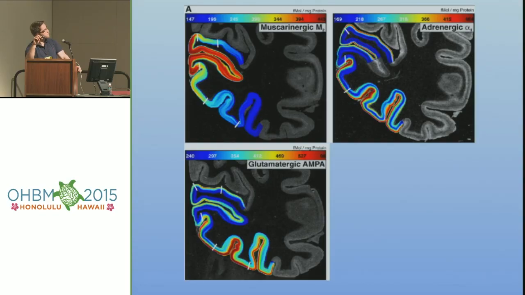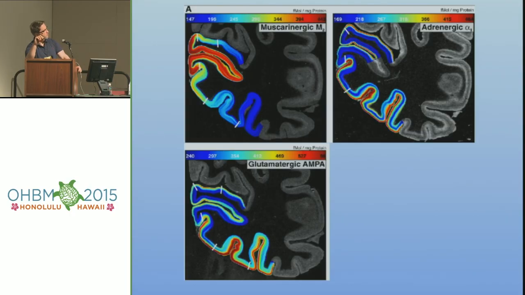So again, we're looking at the visual cortex. Here is the calcarine fissure, so that's the location of the primary visual cortex. And if we move out of that, then we see at some point here the density of the muscarinic M2 receptor all of a sudden drops dramatically, so then we're in a secondary visual cortex. And then at that location, again, a substantial drop, it's V3, and another drop in V4.